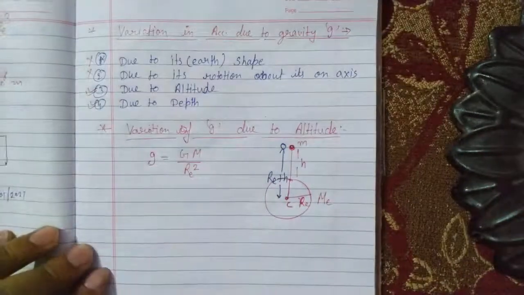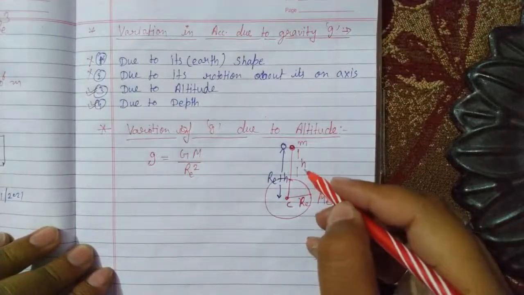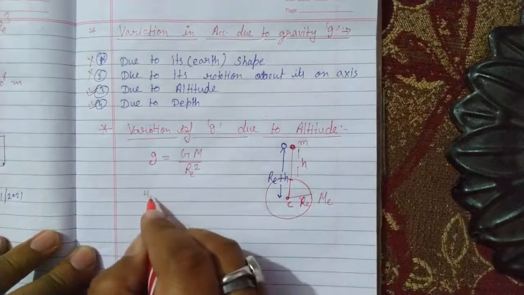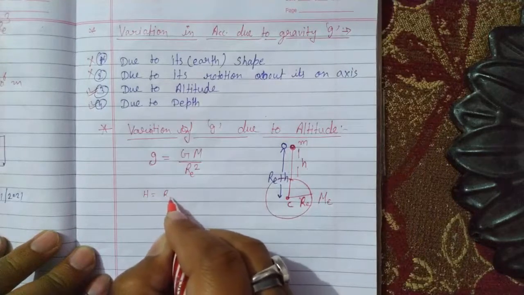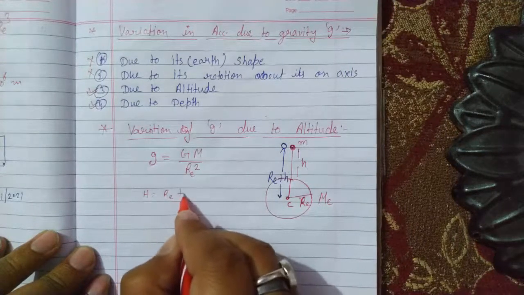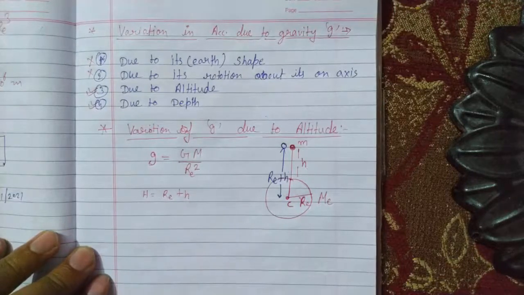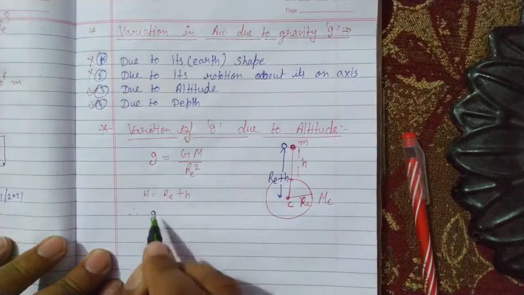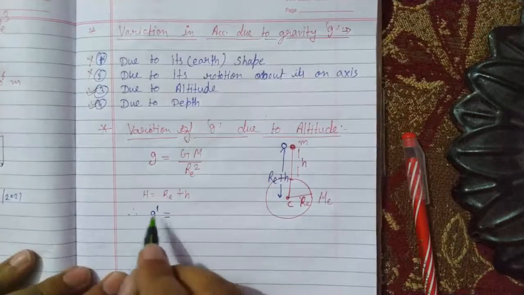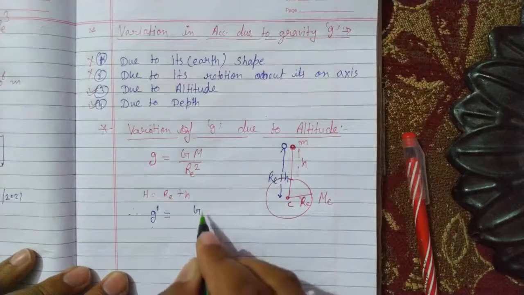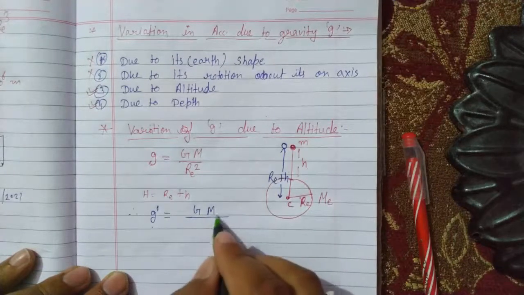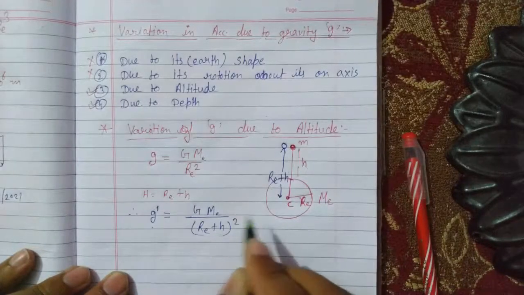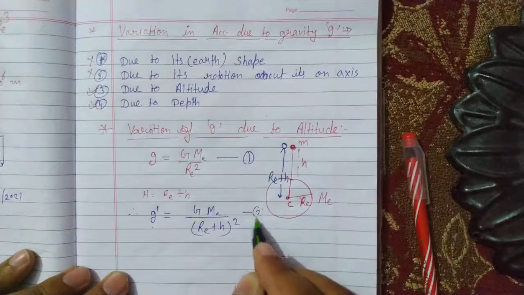Now the situation when the particle is at altitude h: the height is changed, so the new acceleration due to gravity is g dash, given by GM upon RE plus h whole square. This is the first situation and this is the second situation.